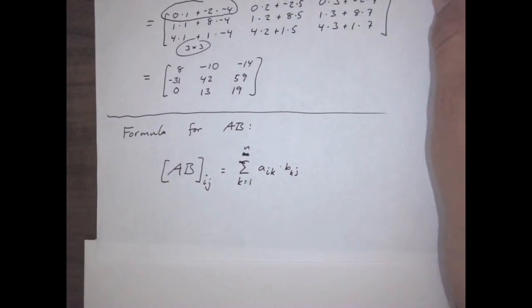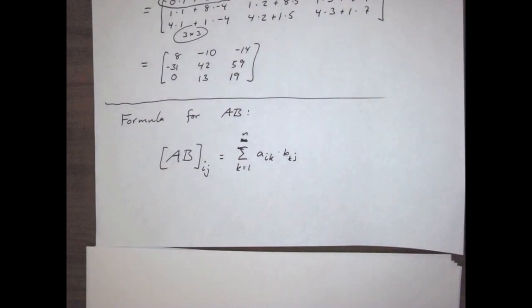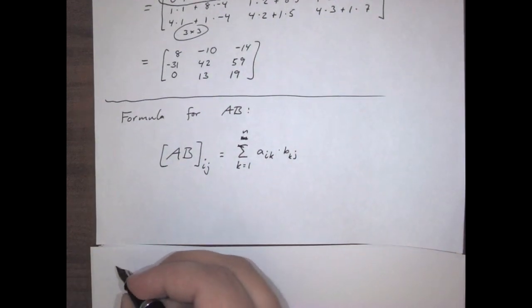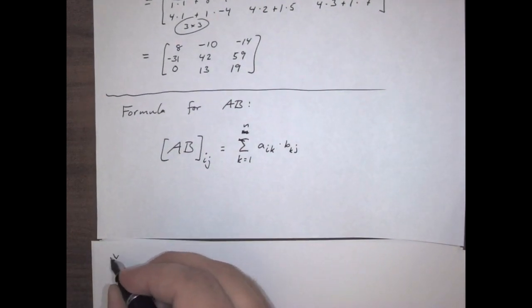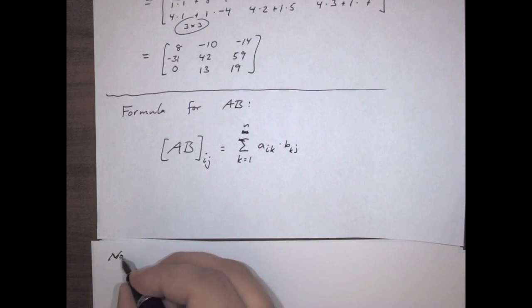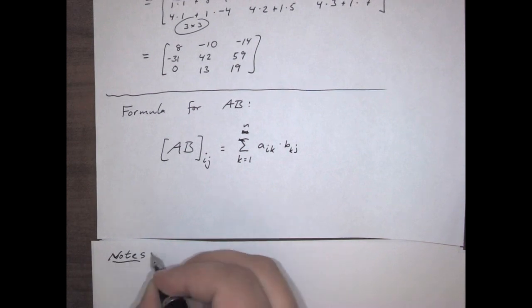So, now, let's make a few notes about some of the important elements of matrix multiplication. So for one thing, matrix multiplication, unlike the multiplication of regular real numbers, is not, as they say, commutative.